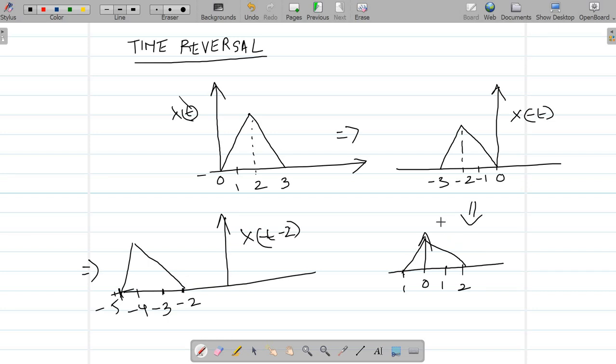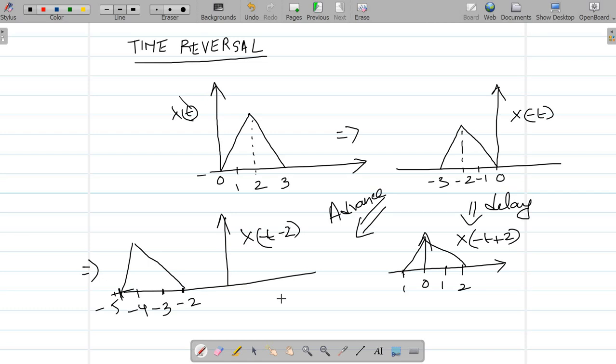Here I can write it as x of negative t plus 2. So here what I have done was an advance operation, and here it was a delay operation. So this is the second operation that we have seen now.